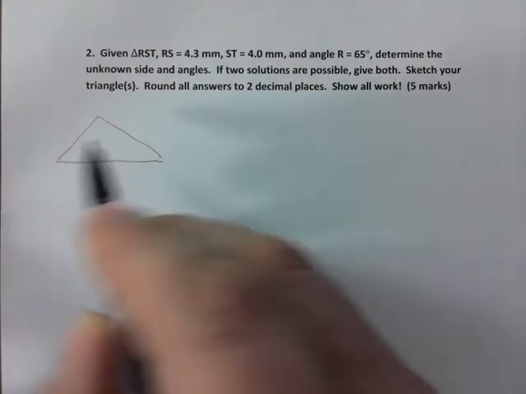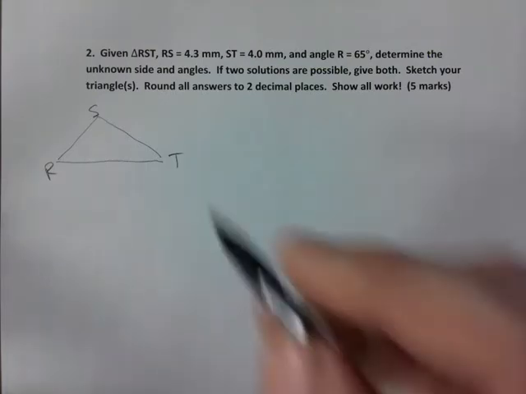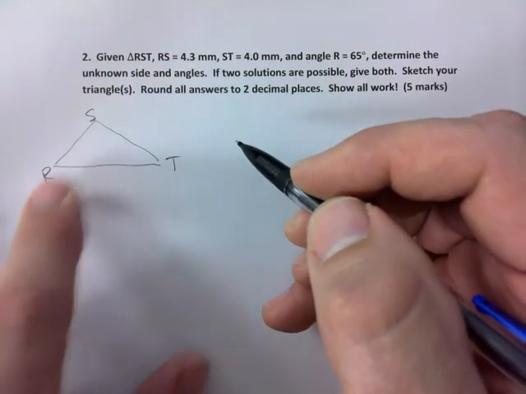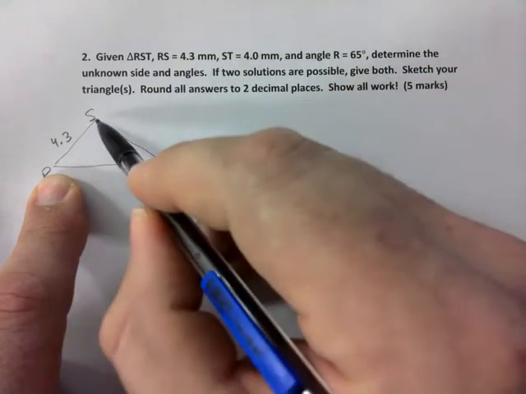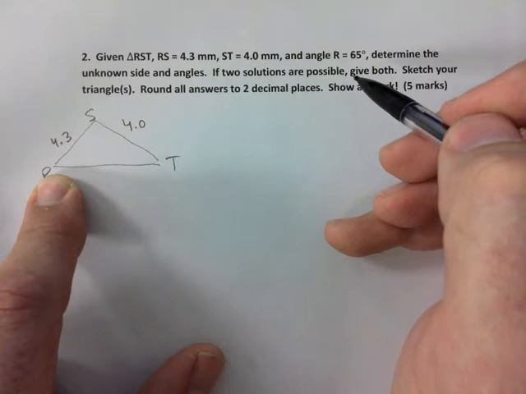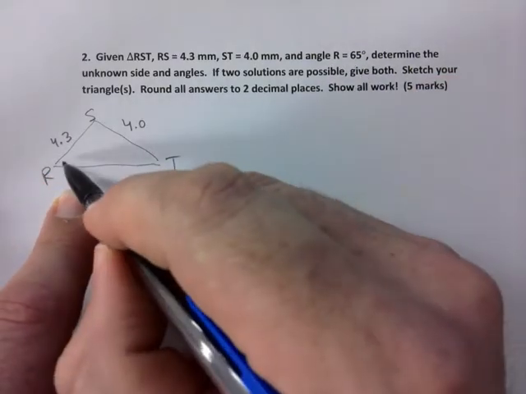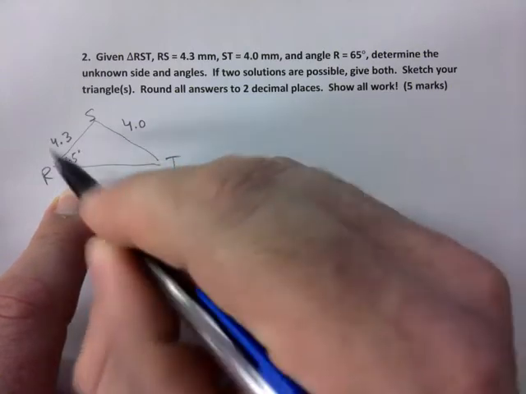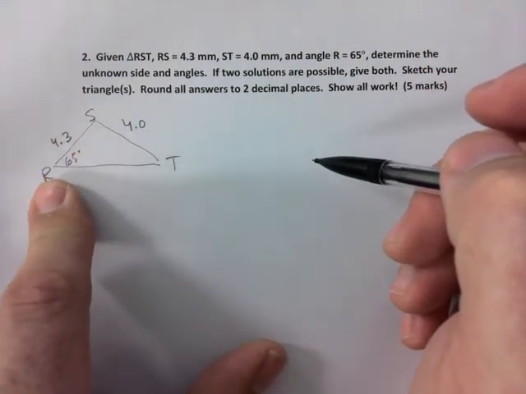Okay, just draw it and go RST like that. You don't know if you're going to close it, just bear with me. But I know that RS is here, 4.3. ST is here, right? And R is 65. And in this case, it ends up working out perfectly like it should work out. But let's say it doesn't, then you force it.